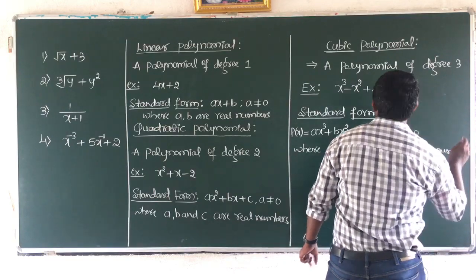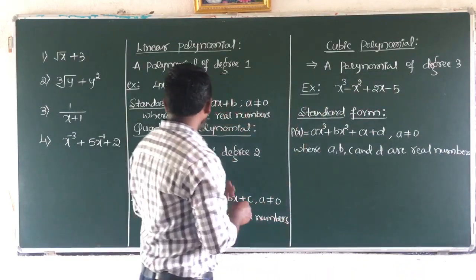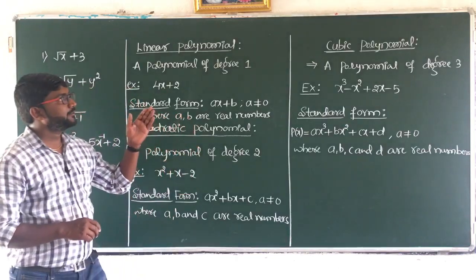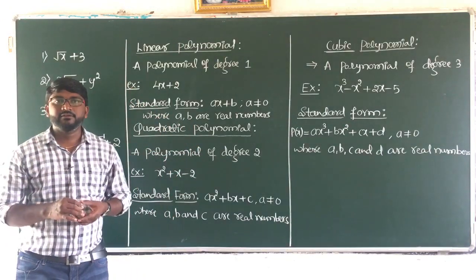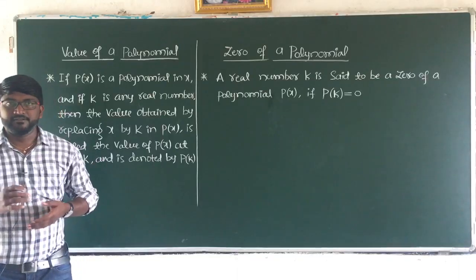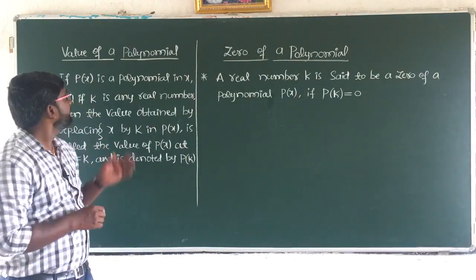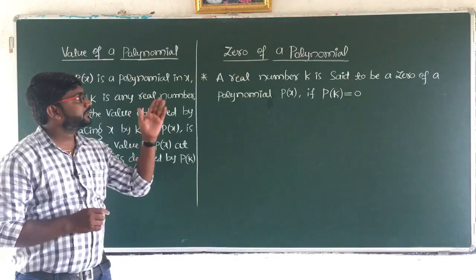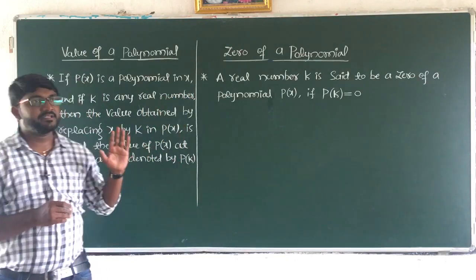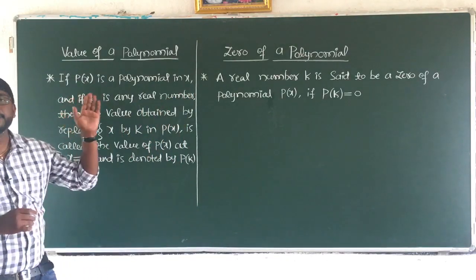So this is all about the linear polynomial, quadratic polynomial and cubic polynomial, and then we'll move on to the next concept. Next we are going to discuss the important concept of polynomials: value of a polynomial and zero of a polynomial. So first we'll take up the value of the polynomial.